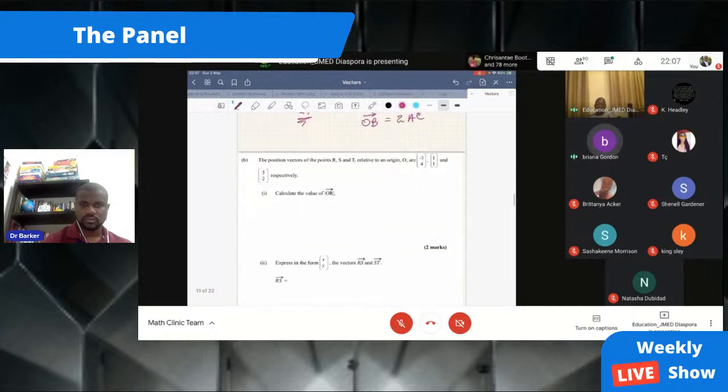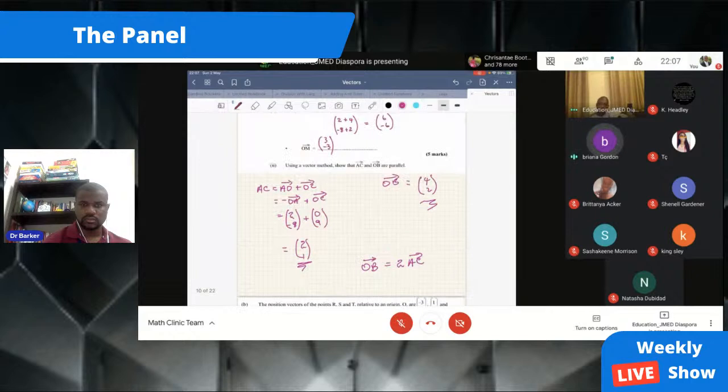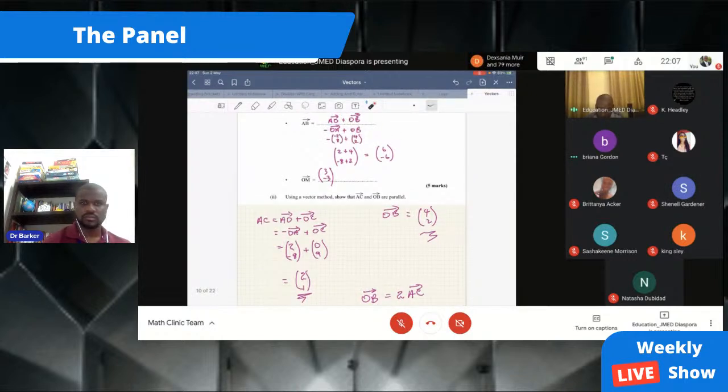Sir, isn't it supposed to be negative 2, 8? Where? Right there, instead of the 2 below the OA and the negative OA. Shouldn't it be a negative sign on the outside? Yes, okay. Remember here, I skipped a line because we did it here. So we put a negative on the outside and a negative 2 on the inside and the 8, which changes it to 2 and negative 8.